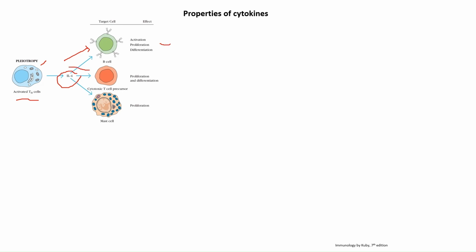It can have a target on T cell for its proliferation and differentiation also. It also has a target on mast cell. So the cytokine which is released from one particular cell can have multiple target cells. So this property is known as pleiotropic property. Pleiotropic means more than one target cell, more than one cells on which it can perform its function.